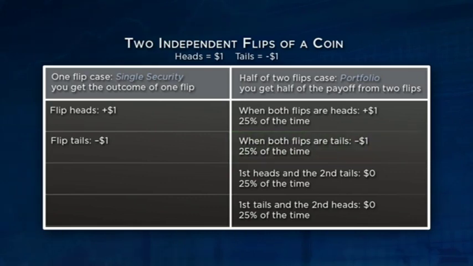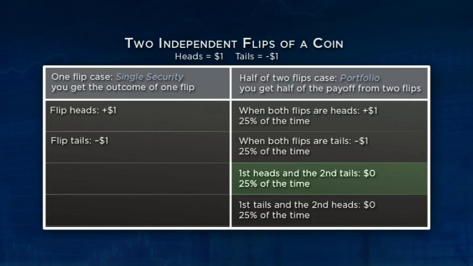But with the flip of just one coin, 1 and negative 1 are the only two possibilities, covering 100% of the probability. With half the two flips, we have only covered 50% of the total probability with 1 and negative 1. The other cases, with the other 50% of the probability, are better. One outcome is the first is heads and the second is tails.